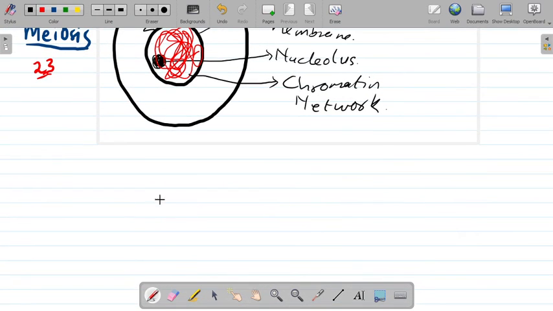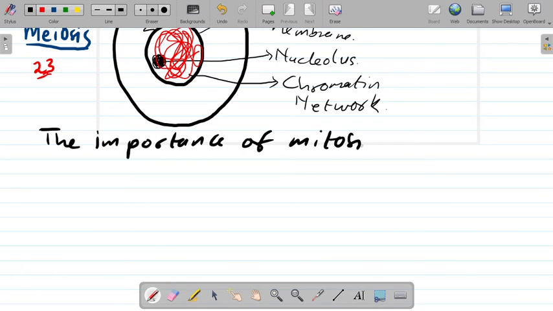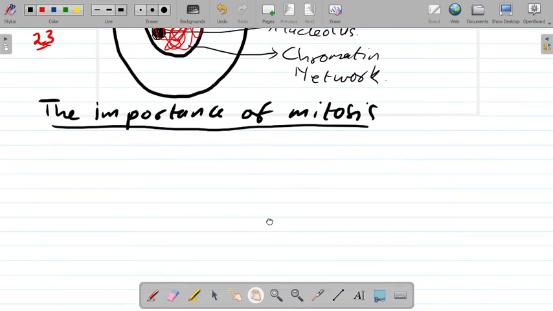But before that, I want us to discuss, why is mitosis important? The importance of mitosis. Before we enter it, the importance of mitosis. So the importance of mitosis is the following.